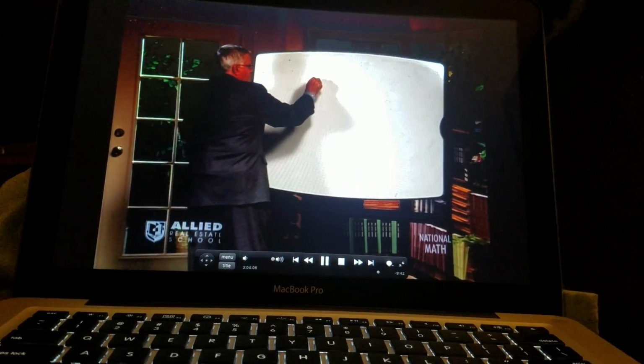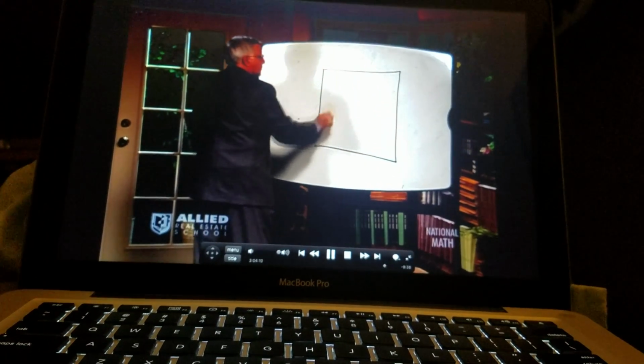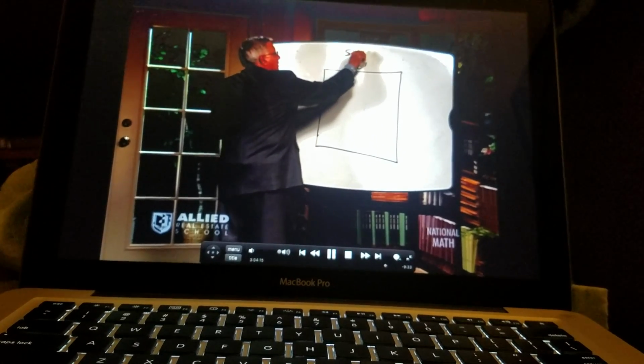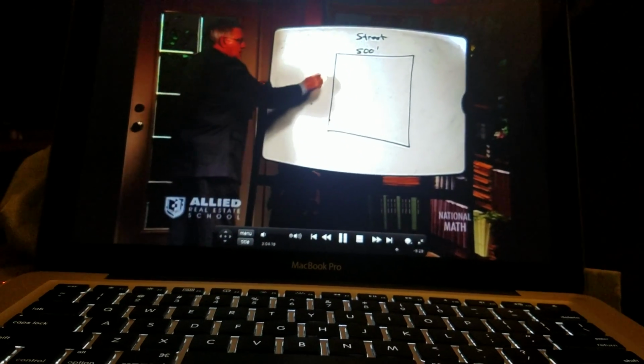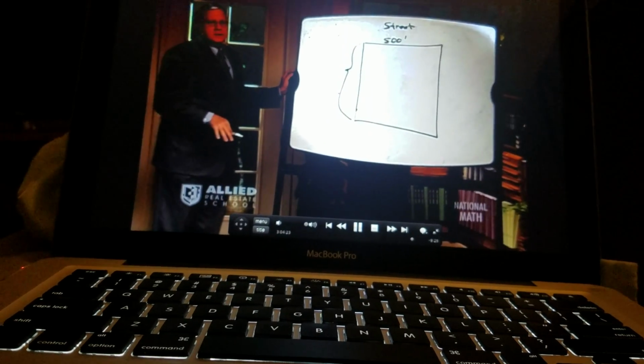So we take and we draw this problem out. And Fred has got 500 feet front footage along the street here. And the question is what's this distance right here? What's the depth of the lot?